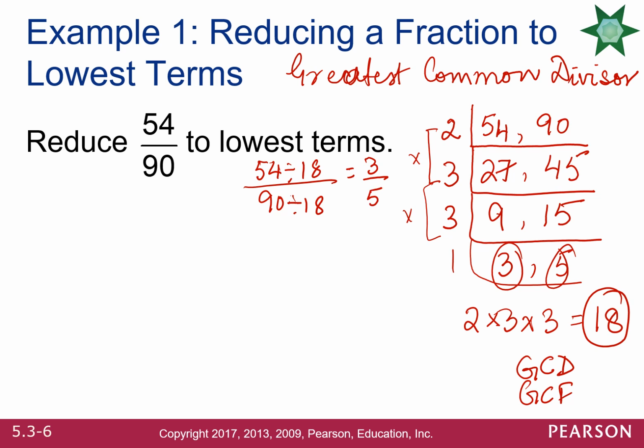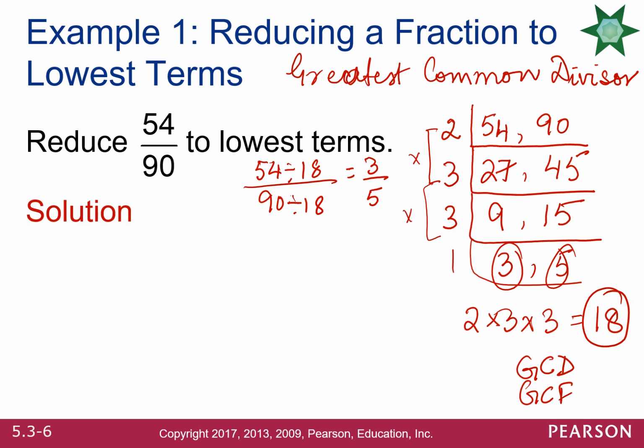And now at this point, this fraction, 54 over 90, has been reduced to its lowest terms. All right, so this is how you find the greatest common divisor. And then you divide the numerator and denominator by the greatest common divisor and write the answer in its lowest term. So let's see how the book has worked out the problem over here.